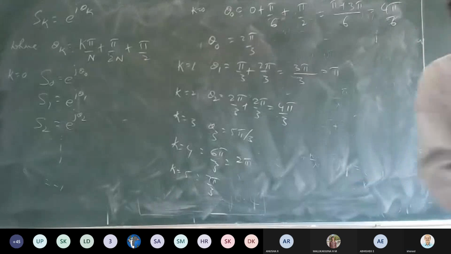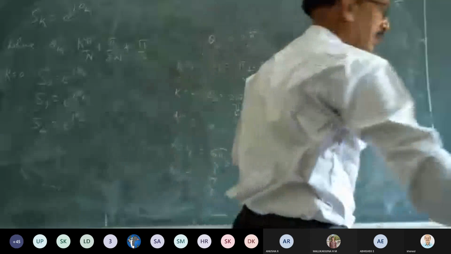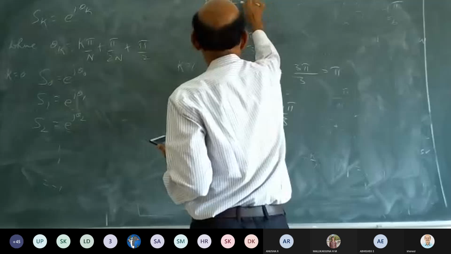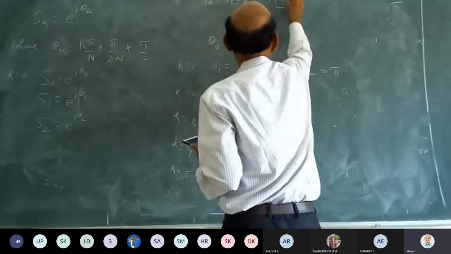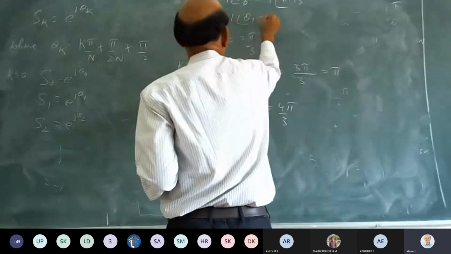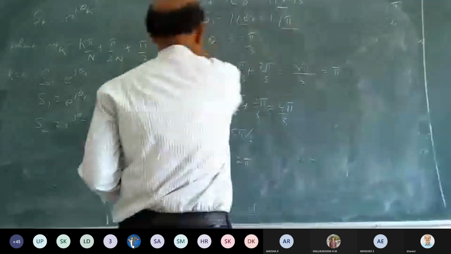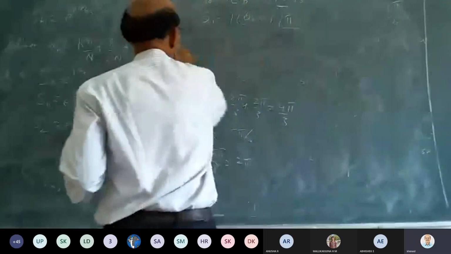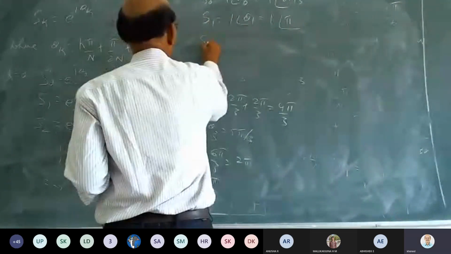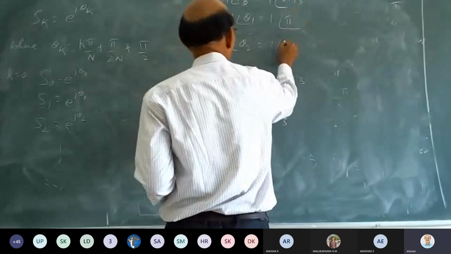Therefore, S0 is equal to 1 angle theta 0, which is 1 angle 2 pi by 3. S1 is equal to 1 angle theta 1, which is 1 angle pi. S2 is equal to 1 angle theta 2, which is 1 angle 4 pi by 3.